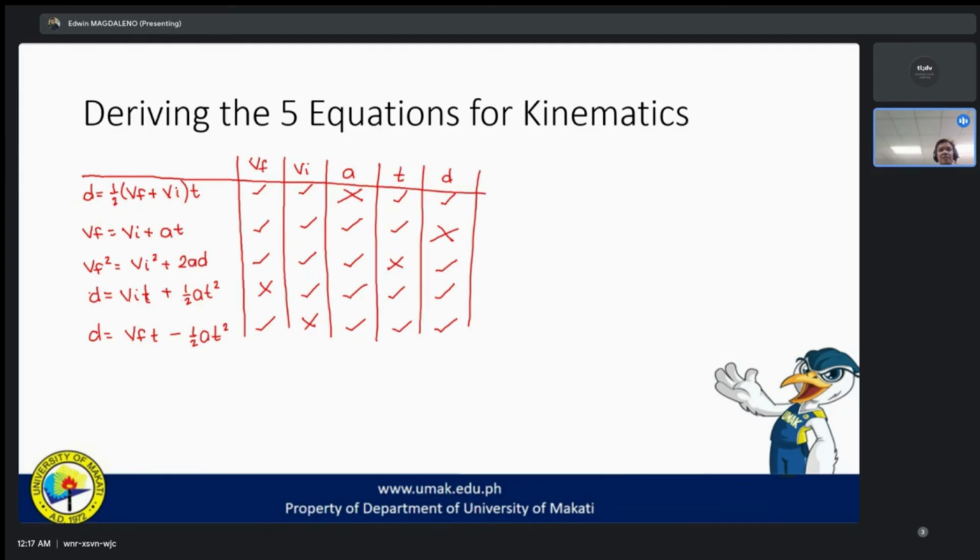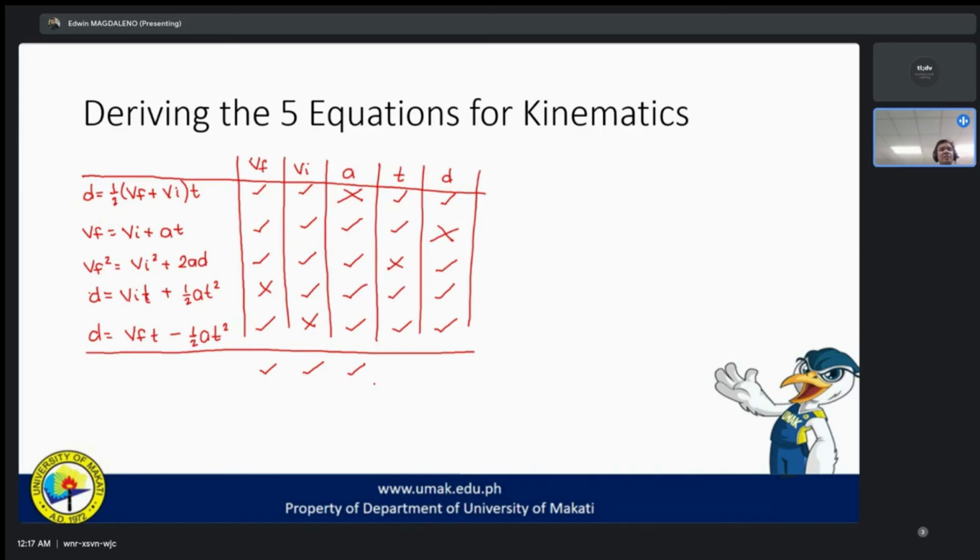So let's say ang given is final, initial, tapos acceleration. Okay? Let's say dito natin plot. So let's say ang problem, merong final velocity, initial velocity, tapos may acceleration.